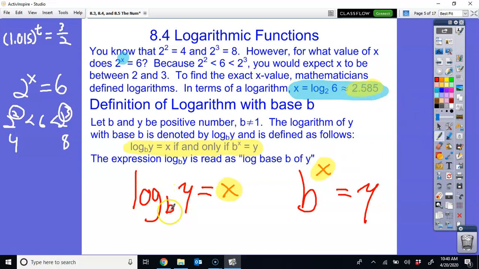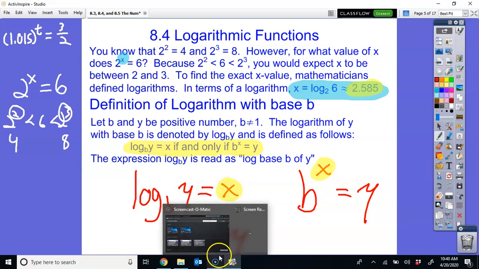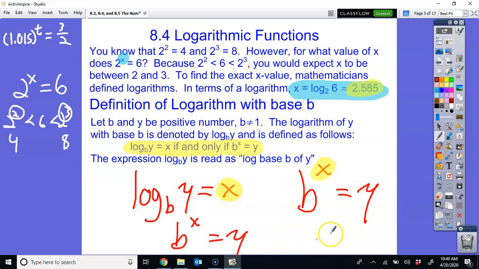This base raised to this exponent equals this number. Base b raised to the x power equals y. That's the definition of what a logarithm means. And we technically could go backwards as well. We could say if we know b to the x equals y, this if and only if means that I can also go backwards.